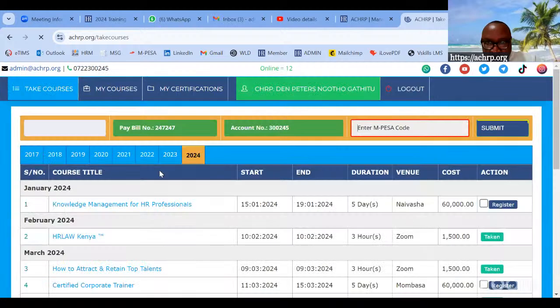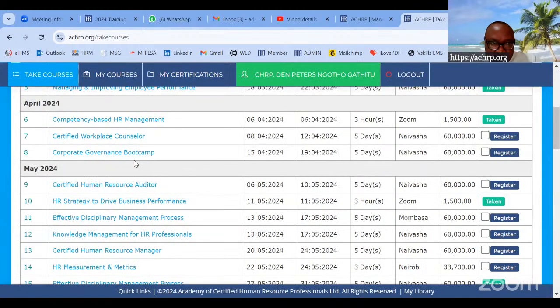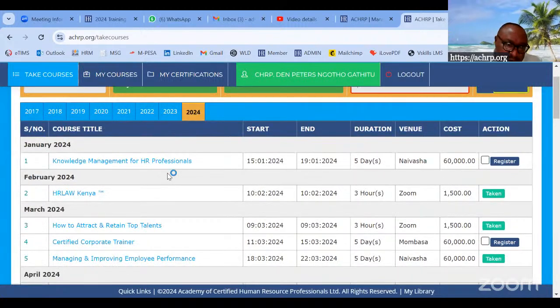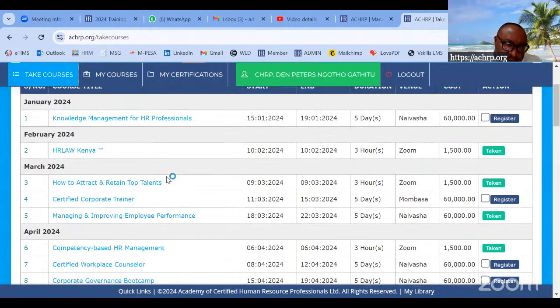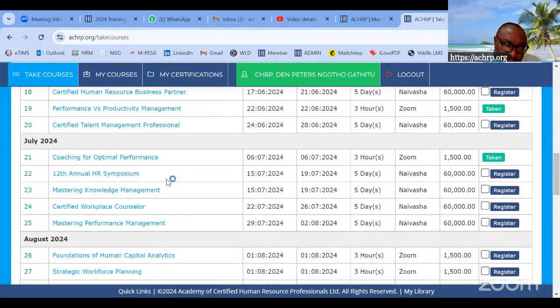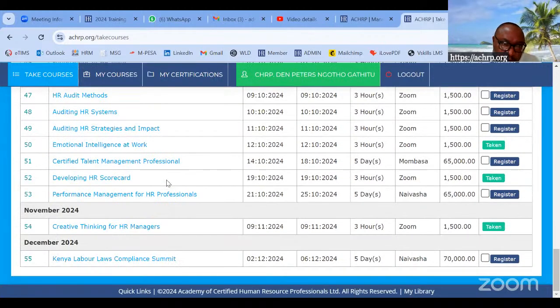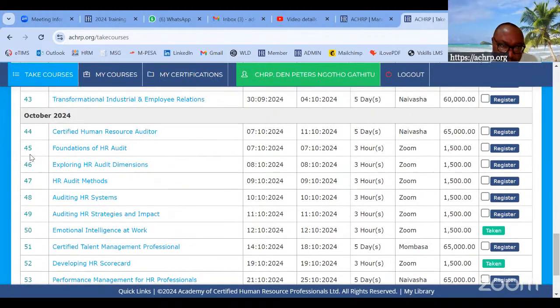Once logged in, you'll find the portal arranged in calendar format on a monthly basis. We are in October, and you'll find your courses from number 45 to number 49. You'll see the register button.